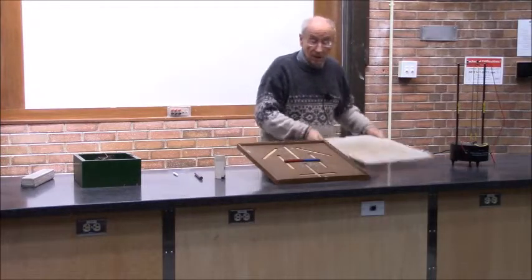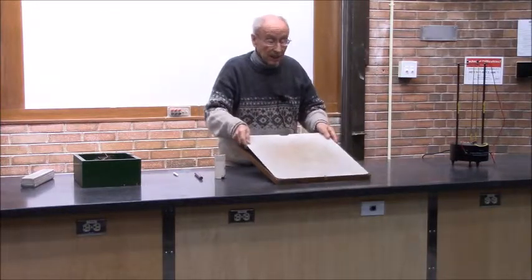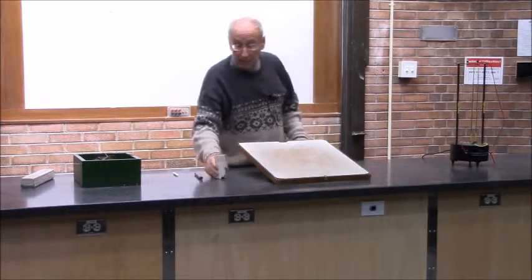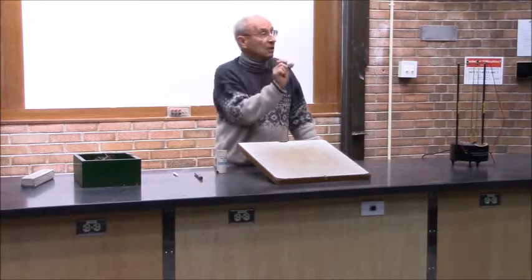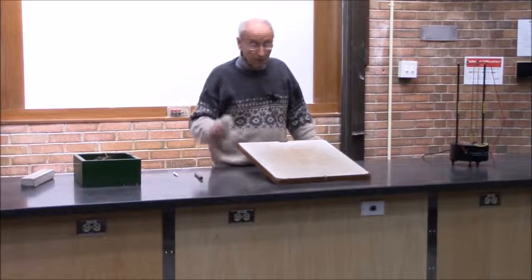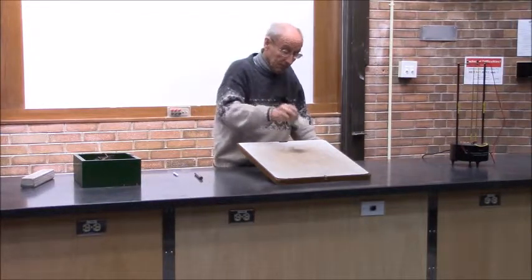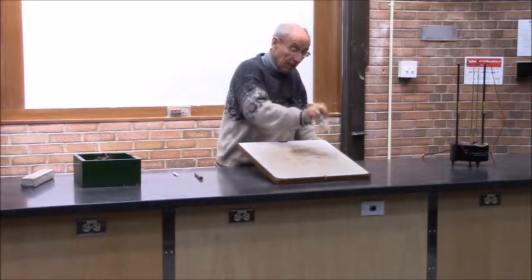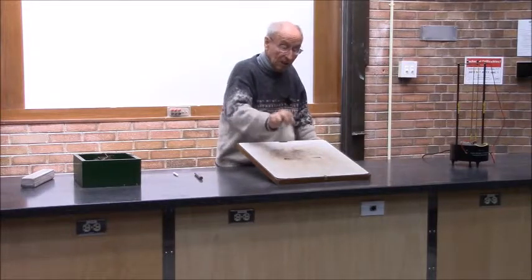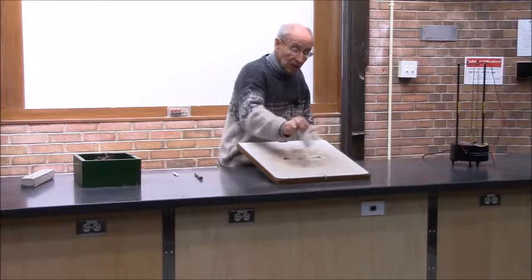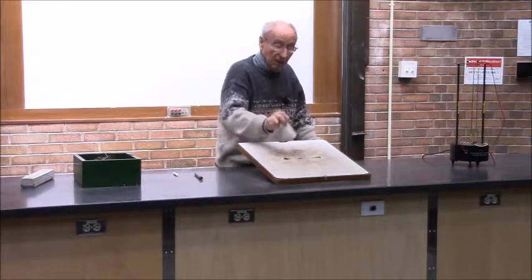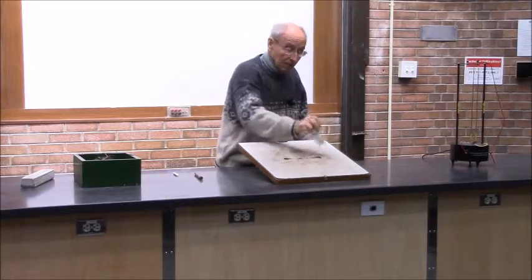Now, we can visualize that by putting down little magnetic needles. We take little compasses. These are iron filings. So they're elongated pieces of iron, which will become magnetized and will point in the direction parallel to the magnetic field.